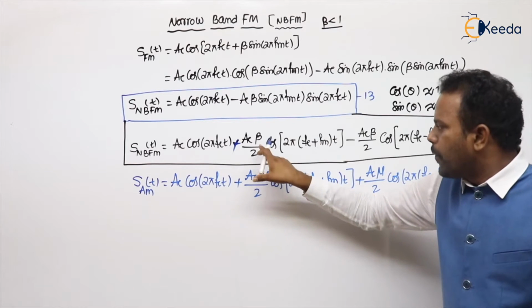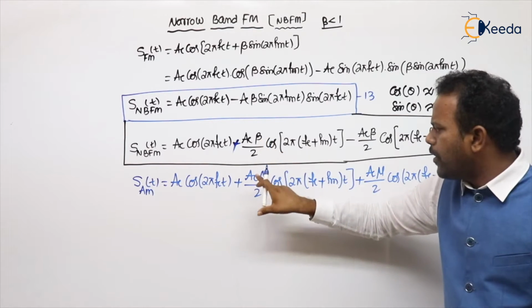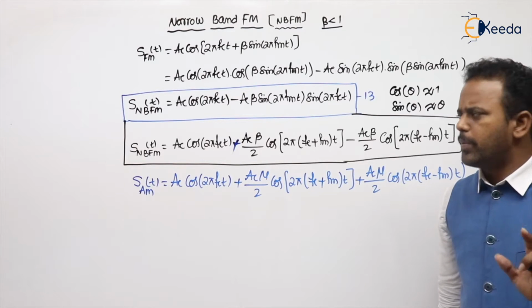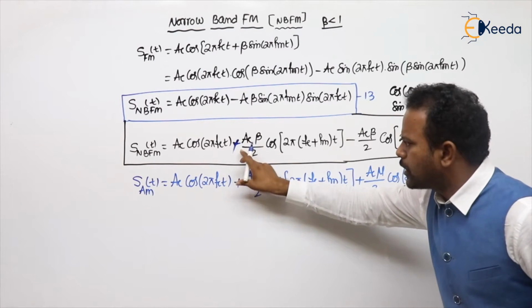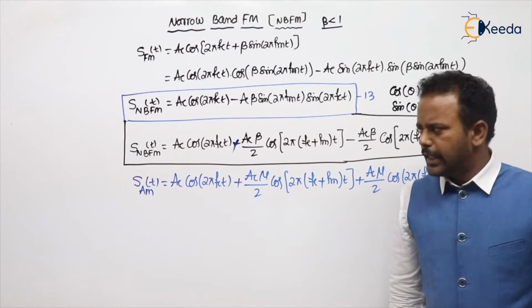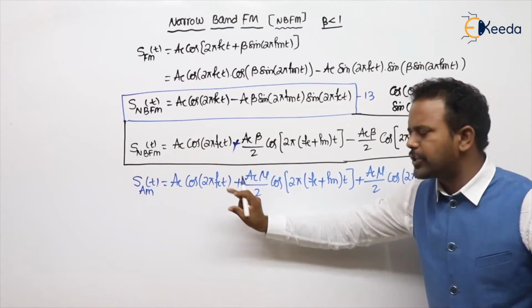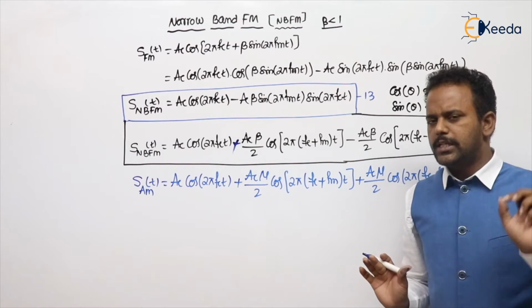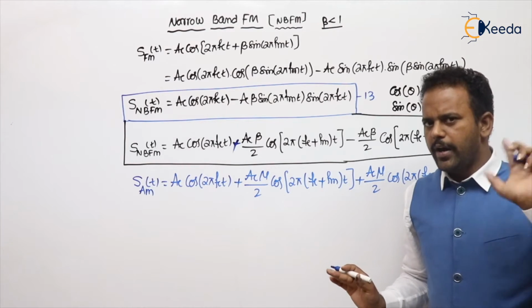For example, for equal values of beta and mu, try to compare both expressions, that is, compare the NBFM expression with AM. Both are same or different? Just tell me one answer.